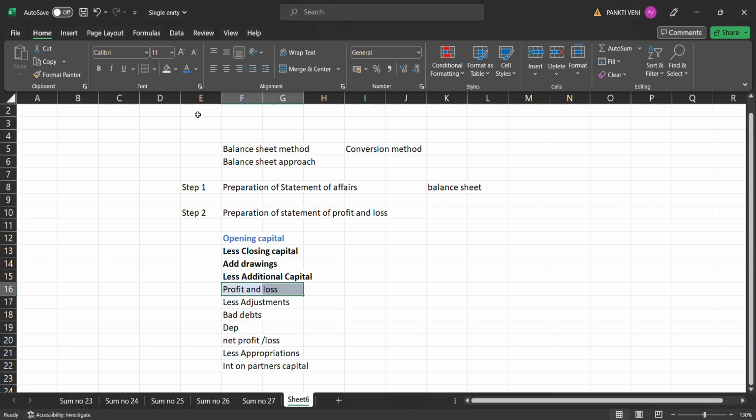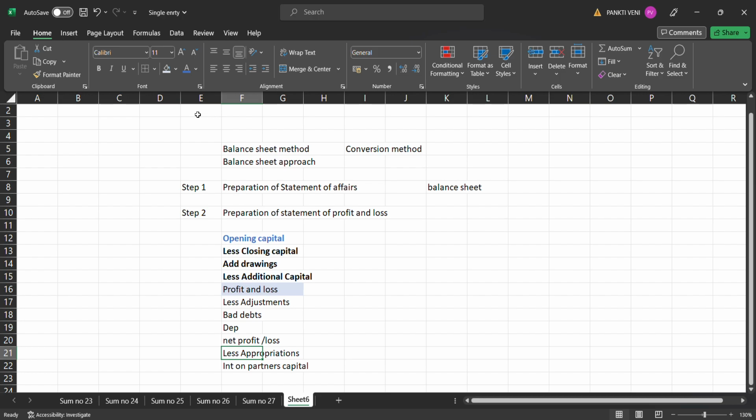After that, you are required to go for adjustments. Subtract all your adjustments: bad debts, depreciation, any other simple adjustments if they have given you. Mostly the question will have only these two, bad debts and depreciation. Then net profit or loss, less appropriations.